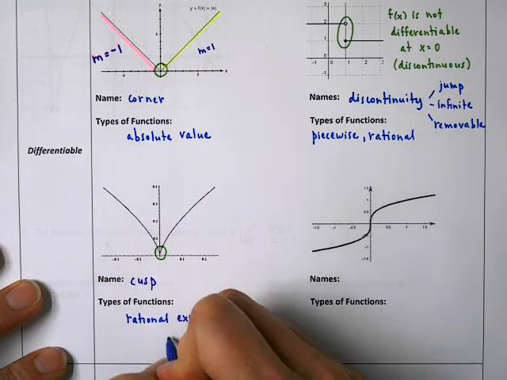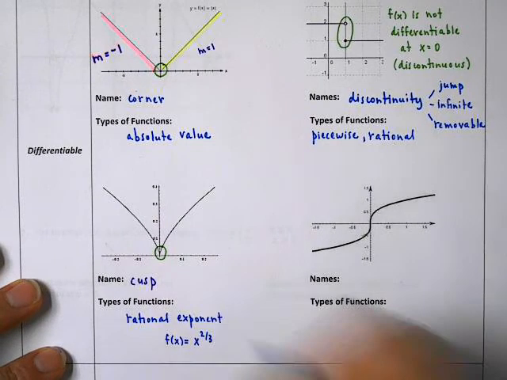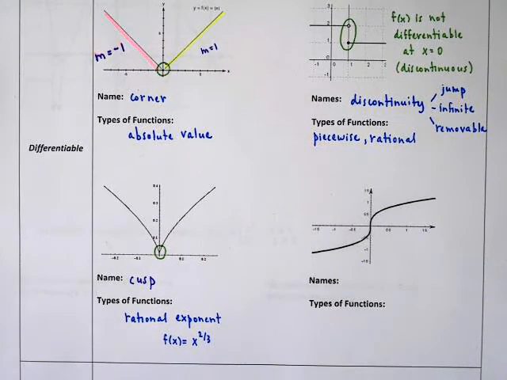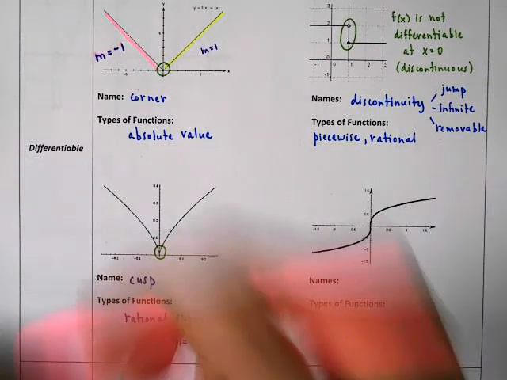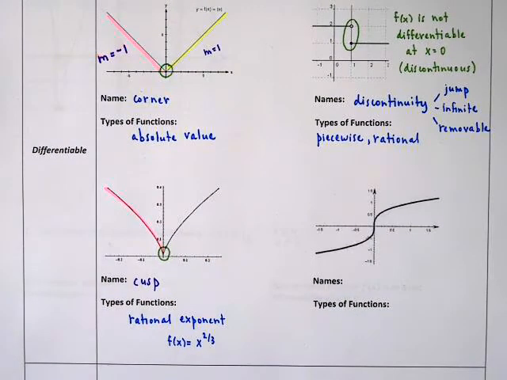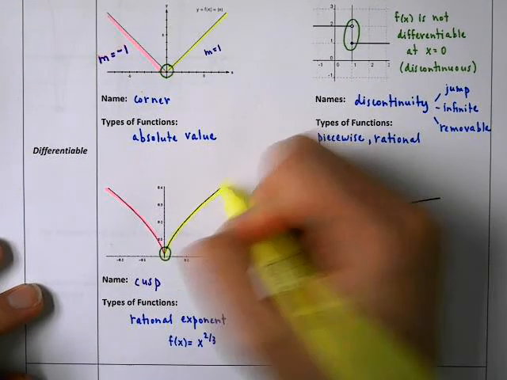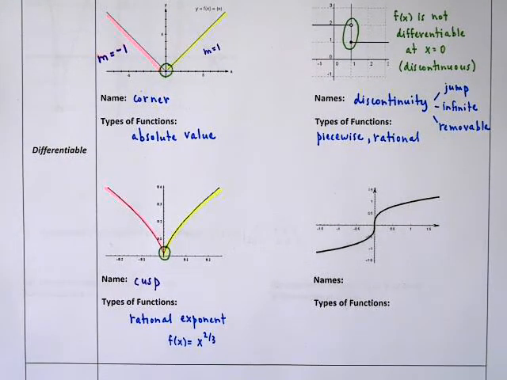So it might look like f of x equals x to the 2/3. And again, if we think of this idea of slope, as I'm coming from this side, that's going to have a negative slope. However, the slope on this side is going to be positive. So obviously they don't agree at that point.